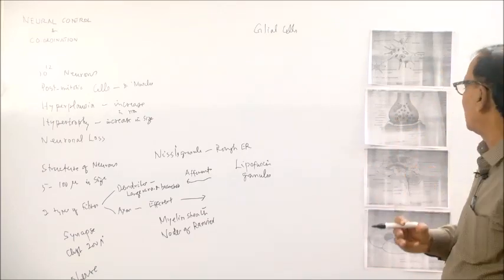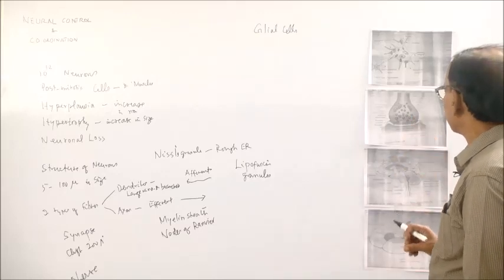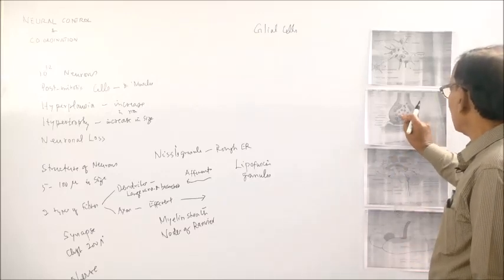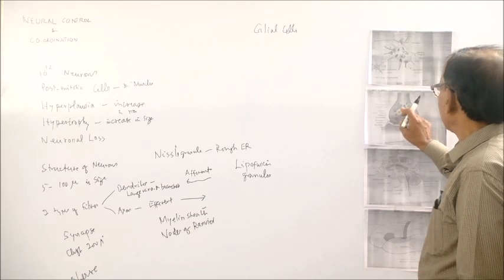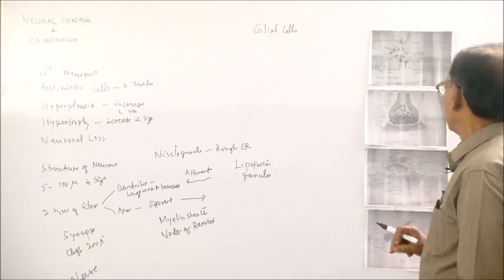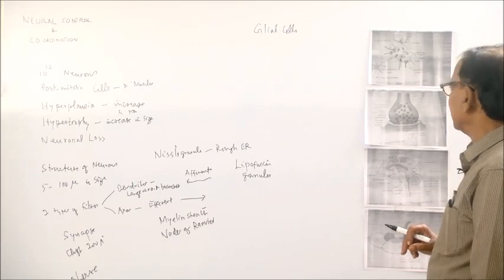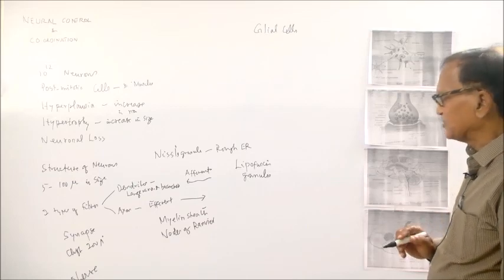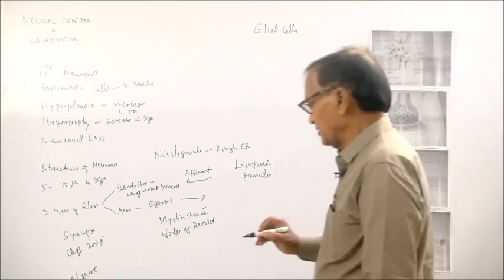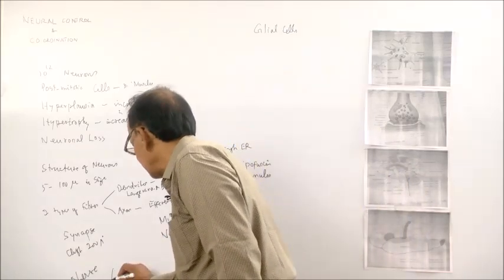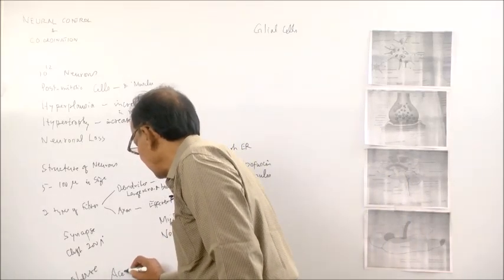A knob is formed, and this synaptic knob contains many rounded vesicles and several mitochondria. What do these vesicles contain? The vesicles contain a chemical transmitter that is called acetylcholine.